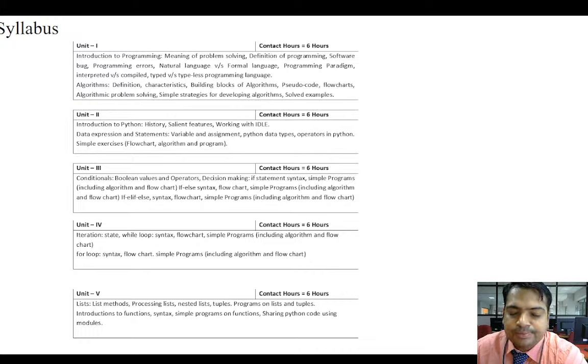And also we are going to deal with string formats, because most of the times we make use of strings. Apart from this, in unit number 5 we have tuples and dictionaries. So we are going to solve simple exercises on tuples and dictionaries, and what is the difference between a list, tuple, and a dictionary. That also we are going to deal with in this particular unit number 5.